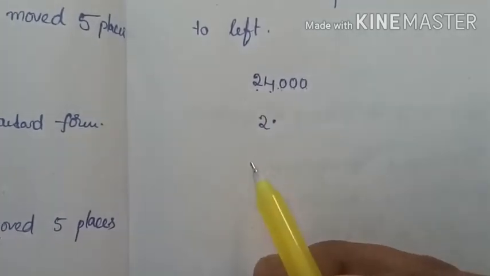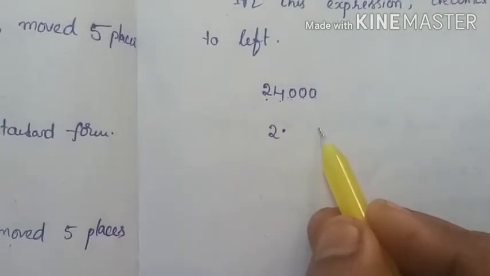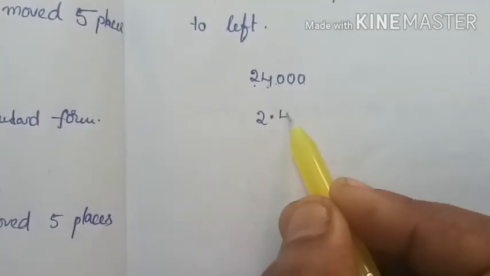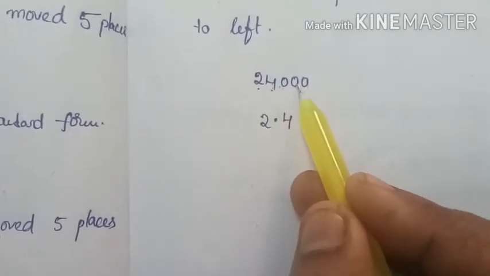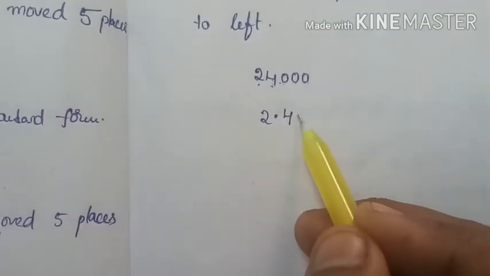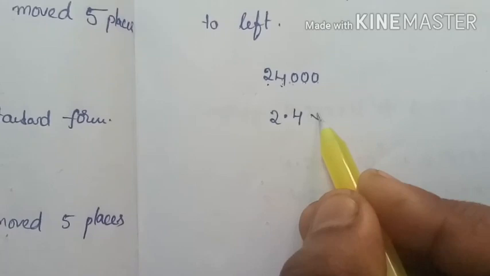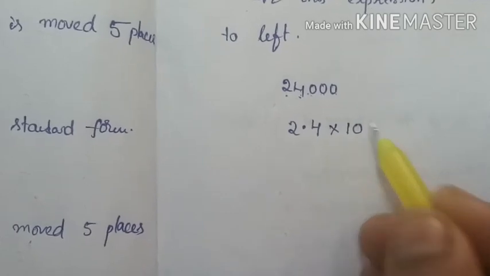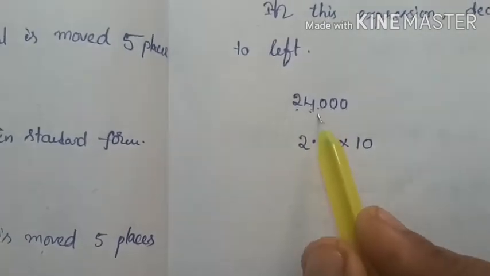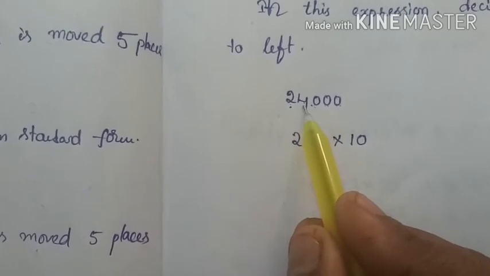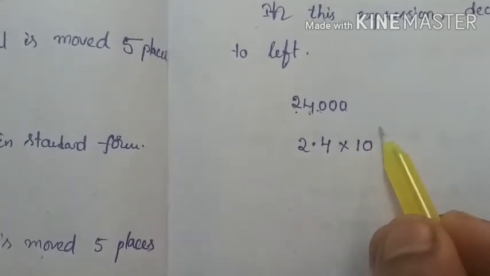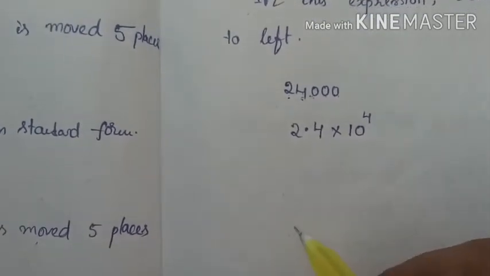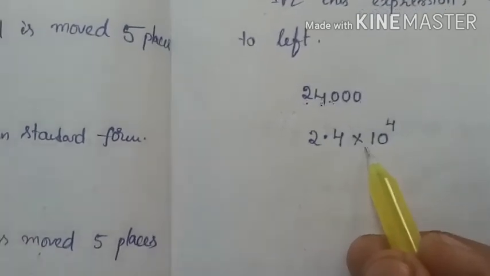So here there are 4 digits, and you should write the remaining digit, that is 4, and the rest are zeros, so no need to write them. Simply multiply with the base 10, and the number of digits after 2 is 4, so write 4 as the power of 10. So this is our answer.